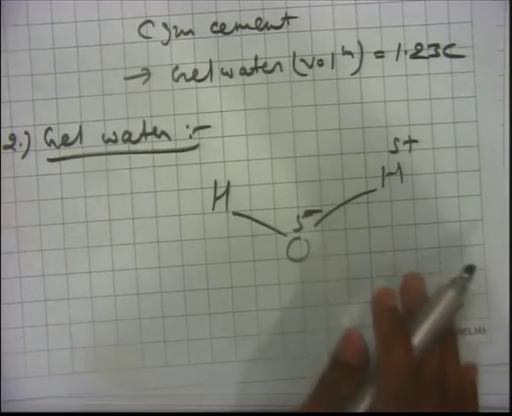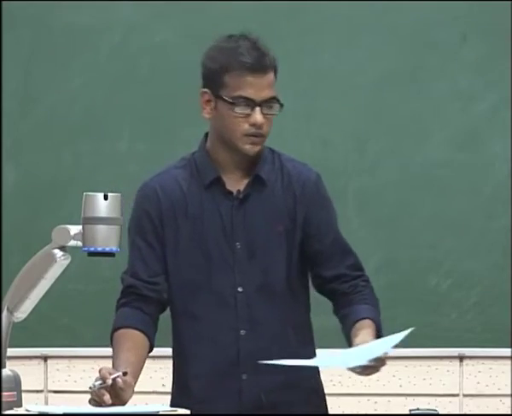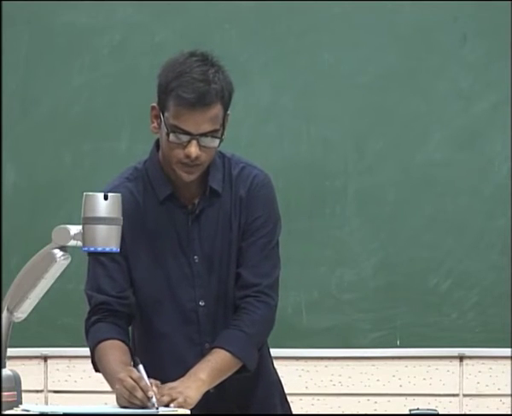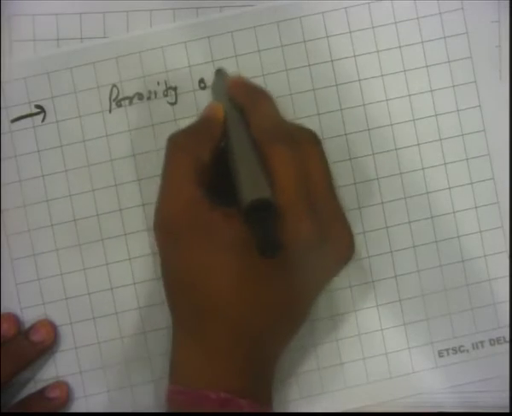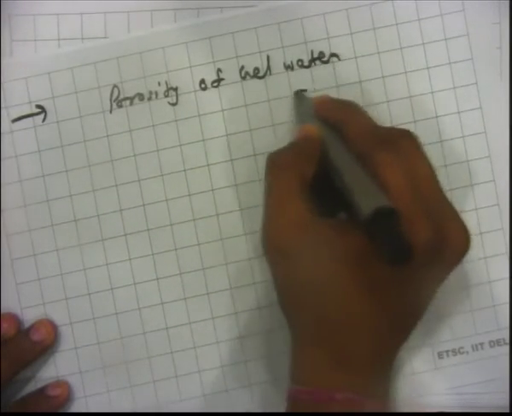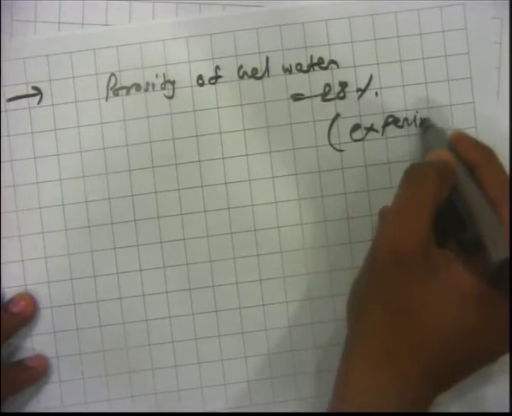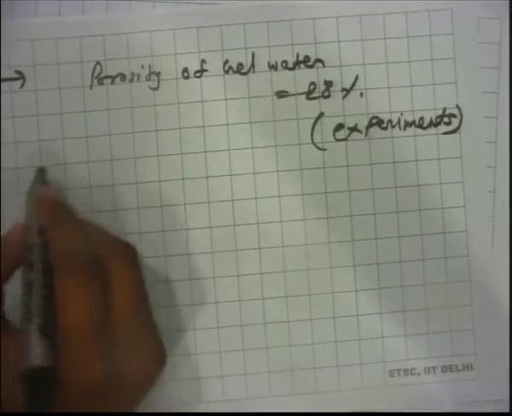Due to this polar nature, water gets adsorbed on the surface of solid hydrated products, and it is found that the porosity of gel is 28%. This is also from the results of various experiments.